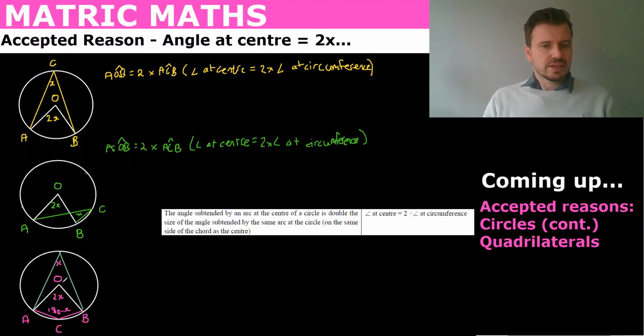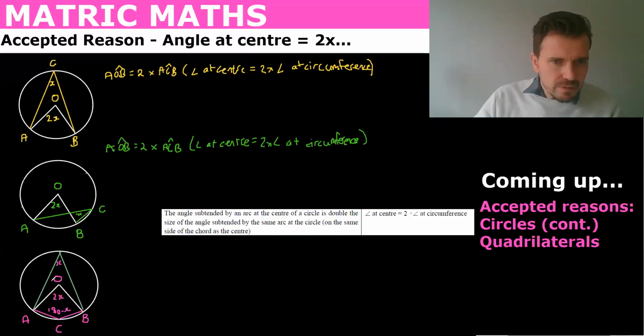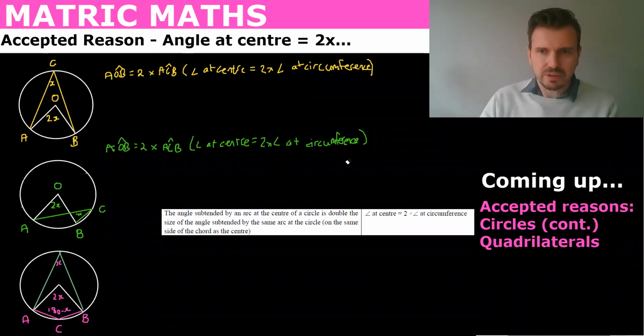Okay, so the angle at center here is not going to be 2 times the angle at circumference, like over here. If we're examining this angle 2x, we actually need to look at the one on the other side. So if this is an angle in a revolution, in other words 360 degrees, and I'm going to remove the O just so that you can see it better, we know that it's the center of the circle.